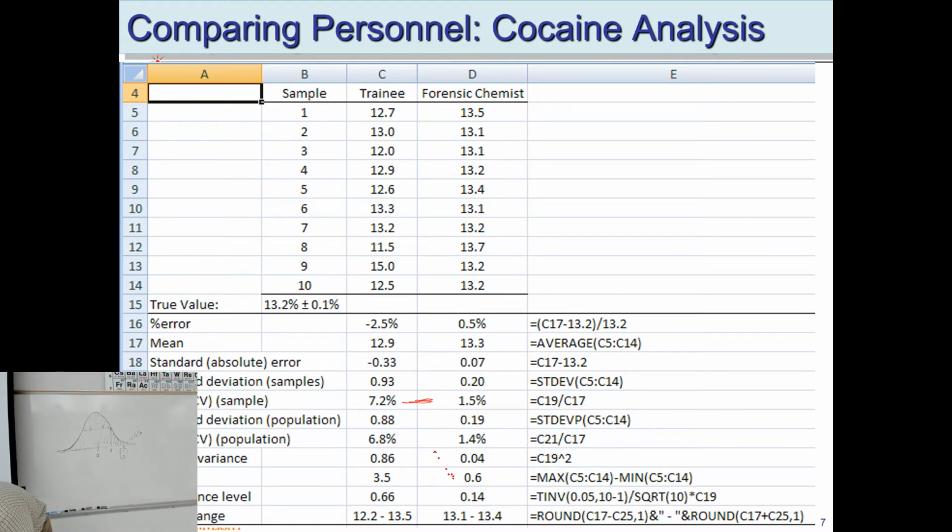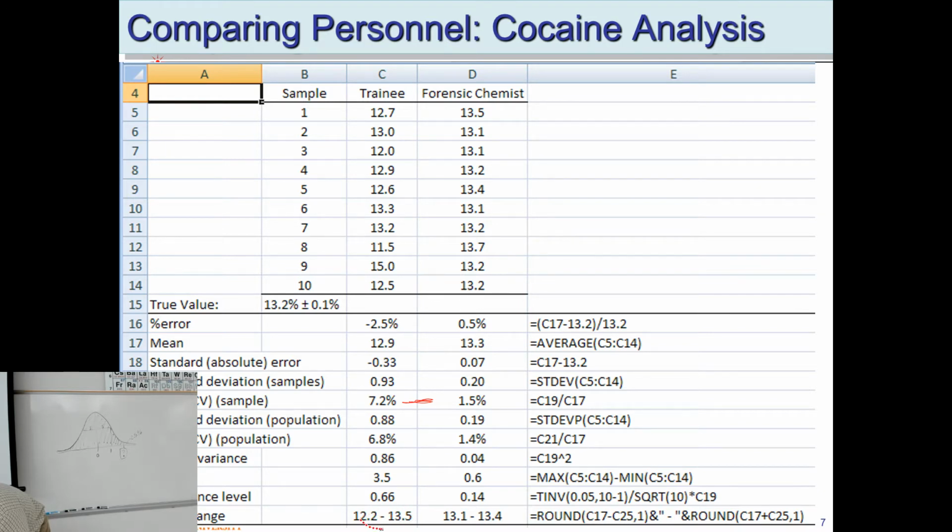The variance is just those standard deviations squared. Here's the range, 3.5 versus 0.6. And then the confidence interval, using those t-value equations, is here. So this is the 95% confidence interval range. The confidence interval goes from 12.2 at the low end to 13.5 at the high end.